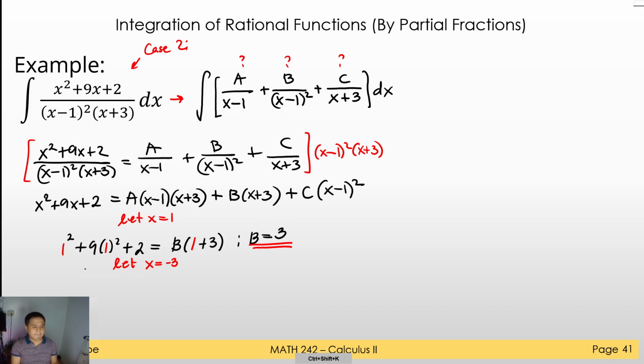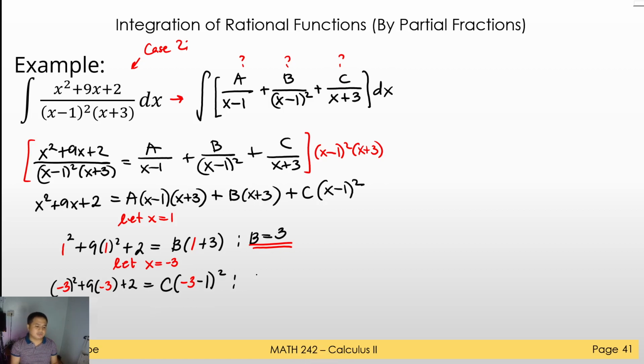If x is equal to negative 3, then we have negative 3 squared plus 9 times negative 3, plus 2, equals 2. If this is negative 3, we can cancel this out, and we can also cancel this out. So we have c times negative 3 minus 1, squared. I will just save you the time.